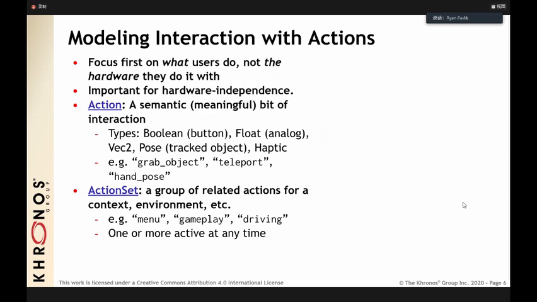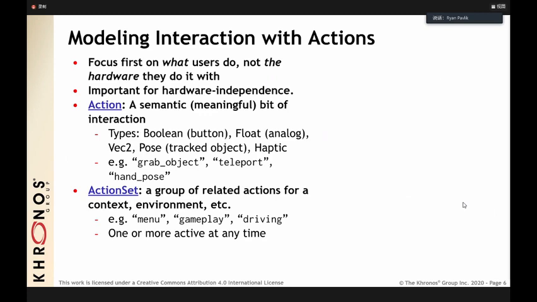In OpenXR, an action is a semantic or meaningful bit of interaction. It's something that you do. Grab object and teleport are examples of names for actions. Actions that should be available in a given context or environment are grouped into action sets.